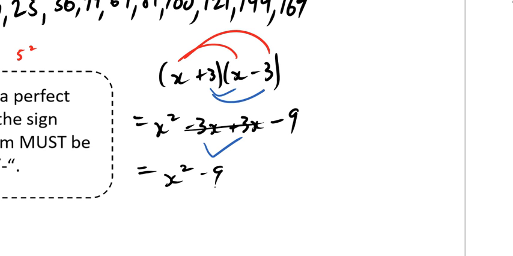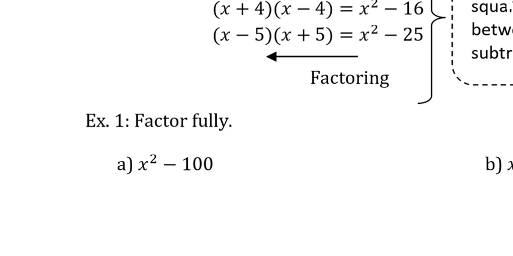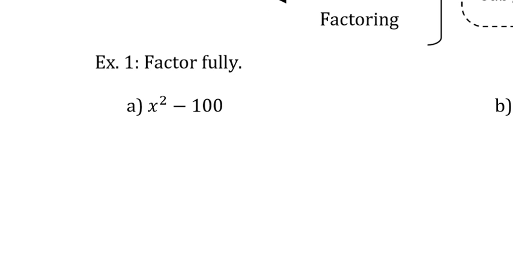It only works in this case. There's no other situation that you could make up where this pattern would apply. And that's probably the trickiest thing of today, is trying to apply this in places where it doesn't apply. So here's what I want you to write down. Let's try this example: factor fully. Example 1a, x squared minus 100.